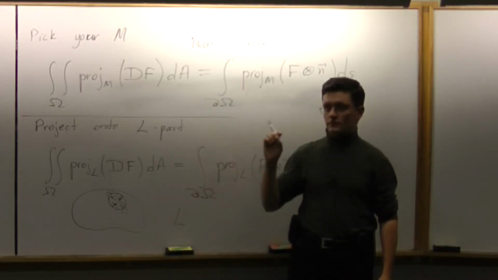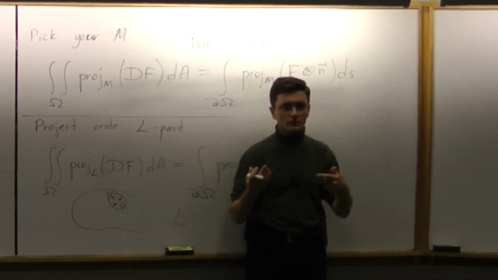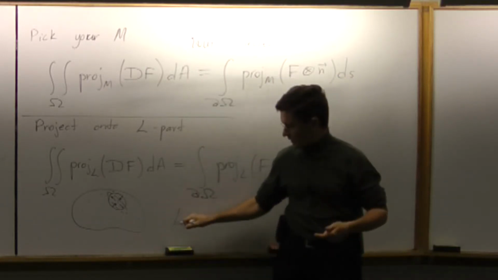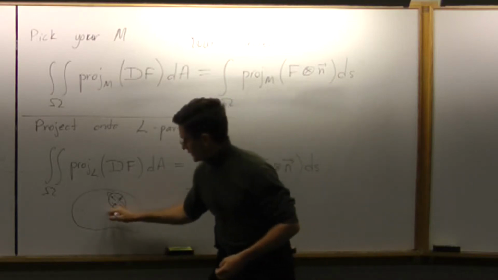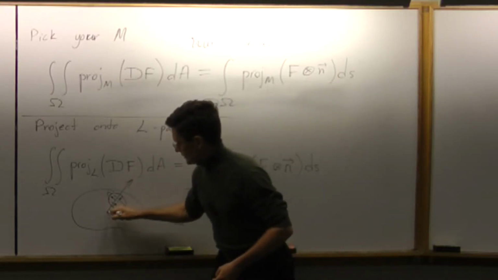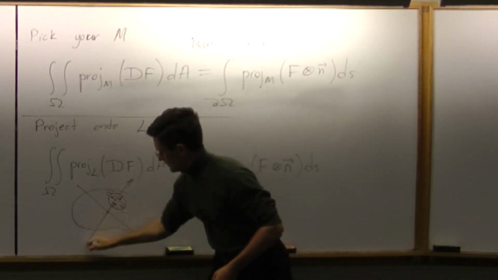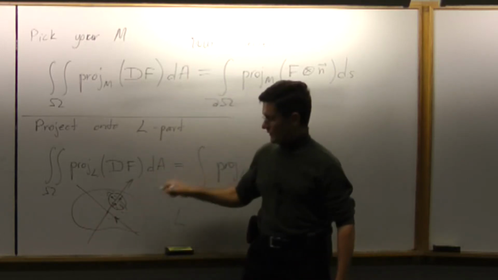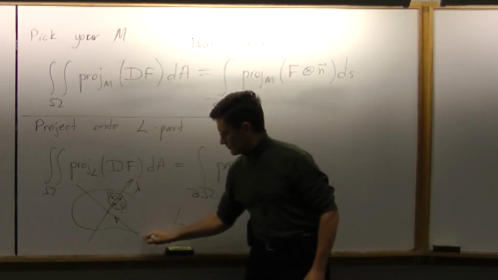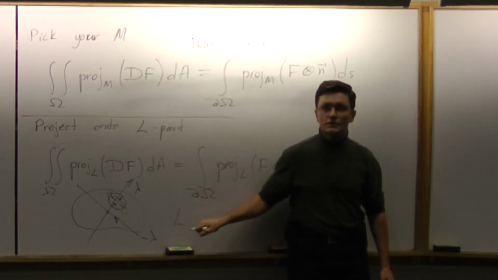Well, this matrix has those eigenvectors and eigenvalues. Right? So you can take this matrix and you can find the eigendirections, and you can find the eigenvalues, lambda and minus lambda, for that matrix.